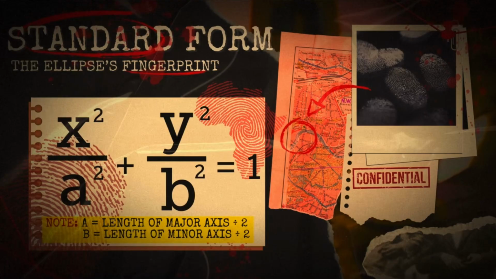Please take note that if you're given the full lengths, which in our scenario is the 60 by 40 centimeter of the countertop and the 64 by 38 centimeter of the sink, you must divide those full values by 2 to get a and b. Why? Because a and b measure from the center to the edge, not the whole line across.